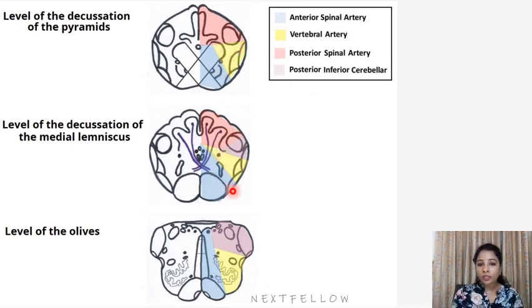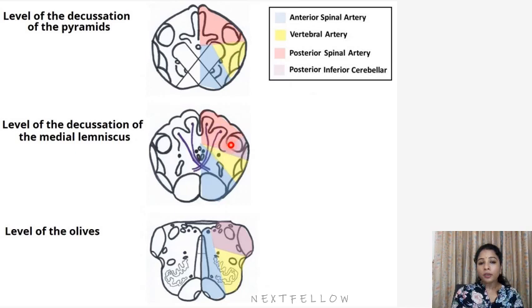Next, the yellow one is also there at all three levels of medulla, which supplies the lateral part. So the vertebral artery supplies the lateral part of medulla at all three levels. The posterior part, the blood supply is different. Please note here. In the lower part of medulla, the posterior spinal artery supplies the posterior part.